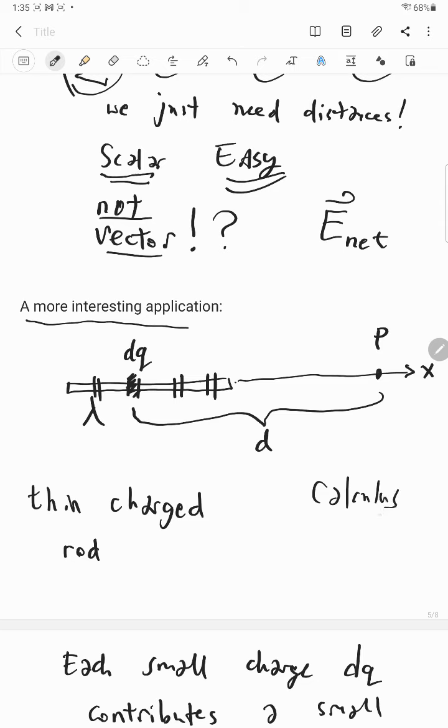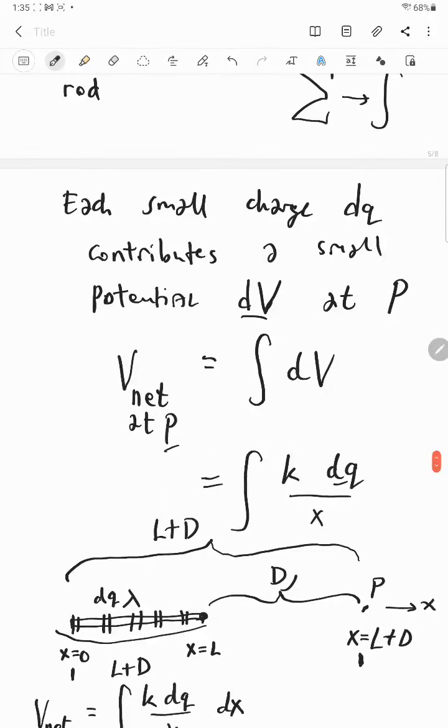Instead of a summation symbol, we can use an integration symbol. So I asked you to think of adding up the total potential as the integral of a bunch of small parts of the potential, where each small part is due to a small charge.